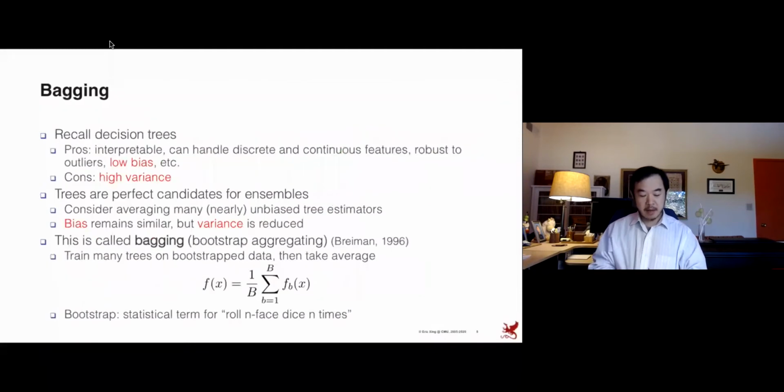Then comes another algorithm called bagging, which is in spirit similar to voting, or ensemble learning, but the approach was different just because of the way it was realized.